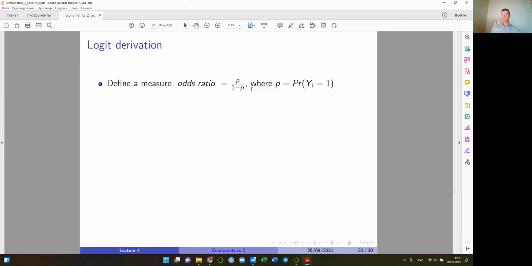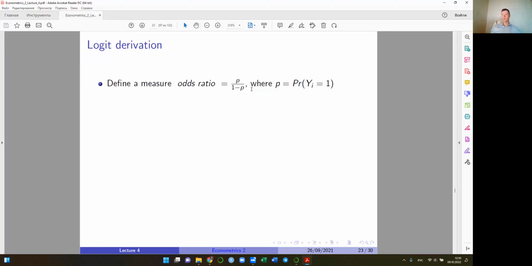If the probability is bounded between 0 and 1, this odds ratio is bounded between 0 and infinity, which is again natural and logical. So when p is close to 0, it's 0. When p goes to 1, the whole fraction goes to infinity. This is the first step to create an unbounded variable.